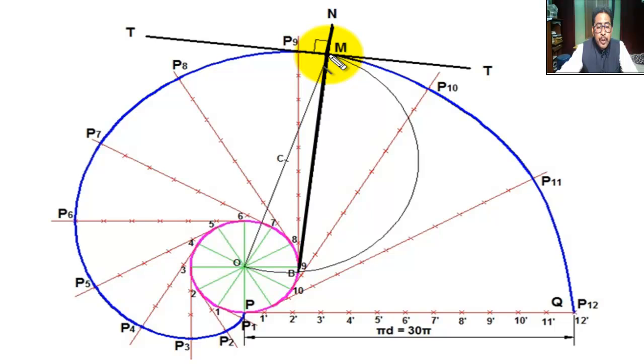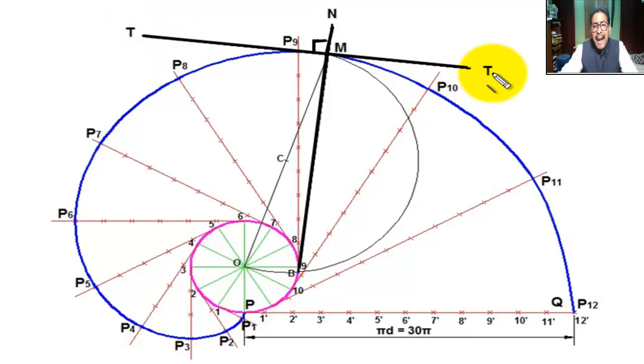Now at point M we draw a line perpendicular to MB.